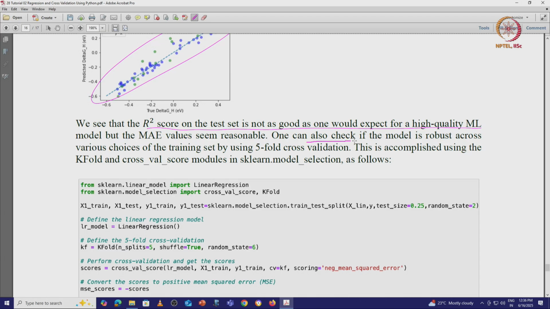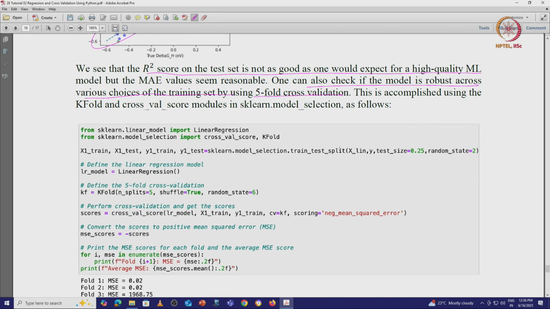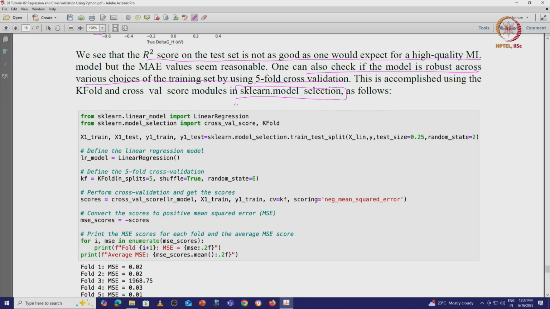So one can check if the model is robust across various choices of the training set by using, in this case, 5-fold cross validation, and this is accomplished using the KFold and cross_val_score modules in the sklearn model selection module.